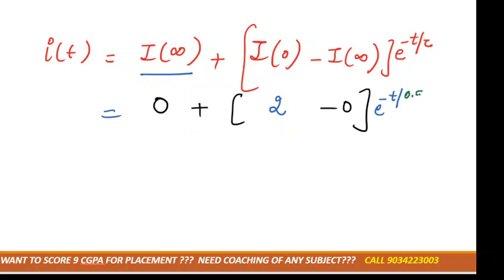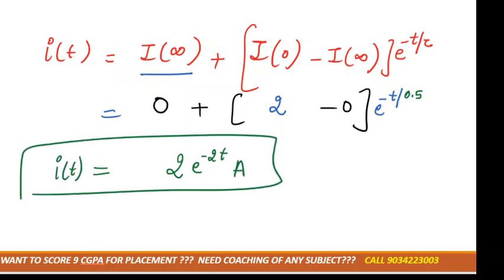So that would be 0.5. Okay. Now 2 into e raised to the power, if I solve it, that would be minus 2t ampere. This is our final answer for the current across the inductor at time t. Understood?